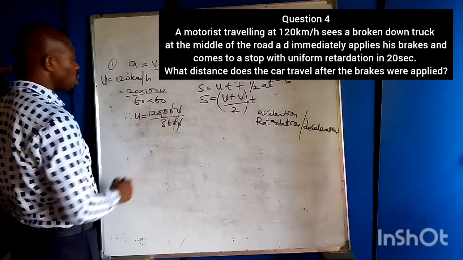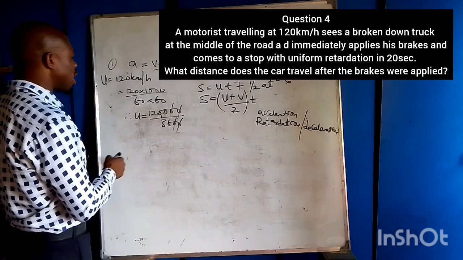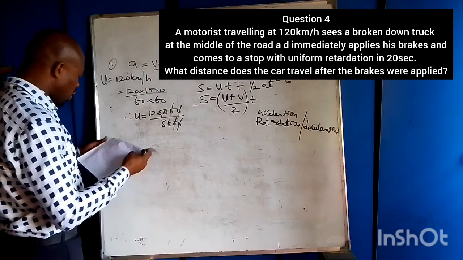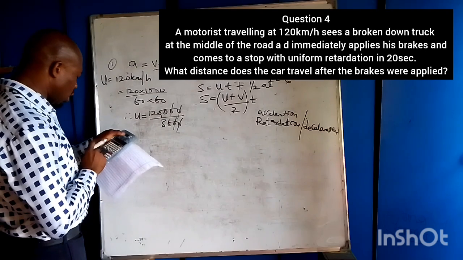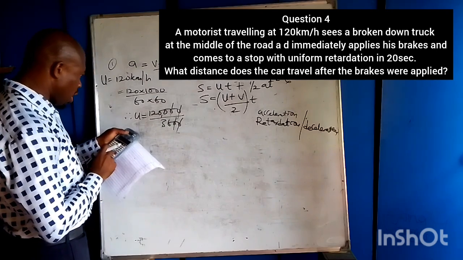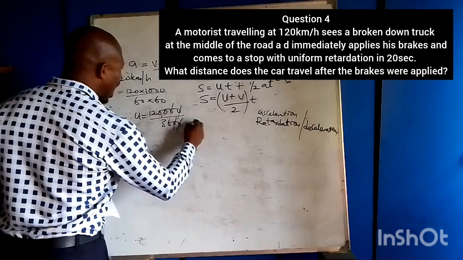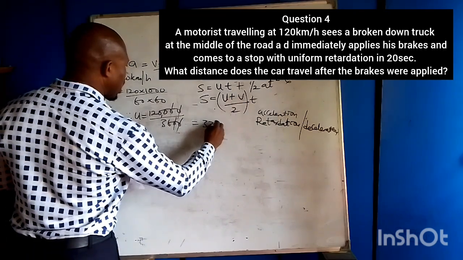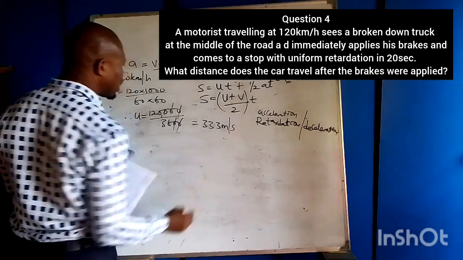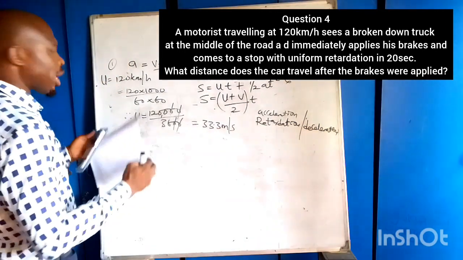So by the time we do the calculation, we have 1,200 divided by 36. And if we do that division, we now have that our U is 33.3 meters per second. Okay, we continue.